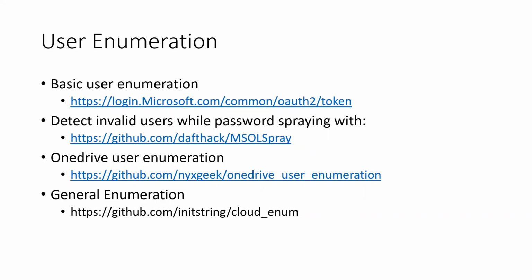Basic user enumeration can be done right at the OAuth link. There's a password spraying toolkit called MSOL Spray, which has a lot of functionality for enumerating users. There's also some tooling around finding people's OneDrives, and then there's some tooling around general enumeration of cloud resources, which also has user enumeration capabilities.